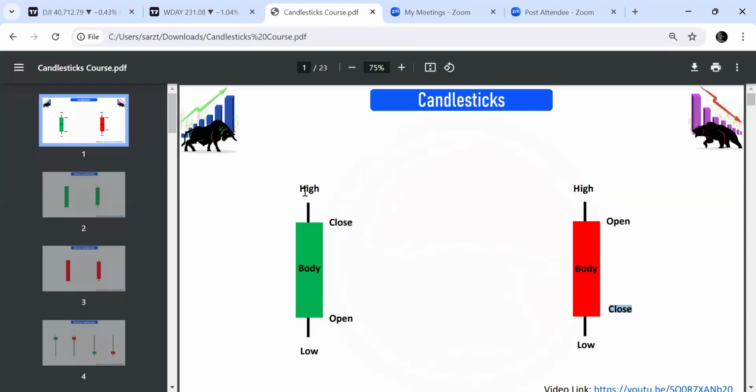First one is based on momentum. Second one is based on wick size. Third one is based on dojis.